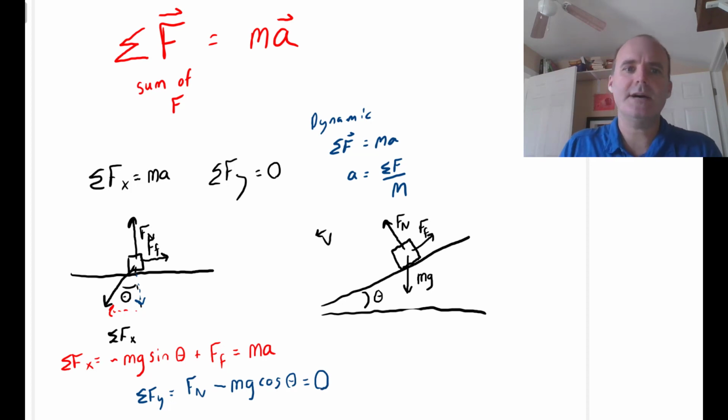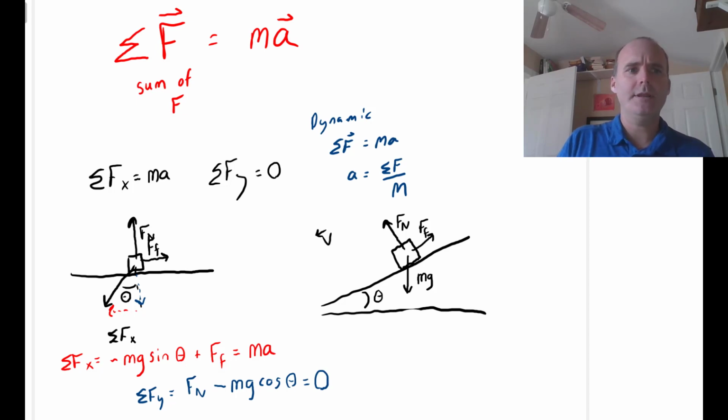My y direction is not flying up off the surface or anything, so that's 0. Okay, some complicated math here, and restructuring of formulas, but I just want to give you guys the idea of how things are set up.